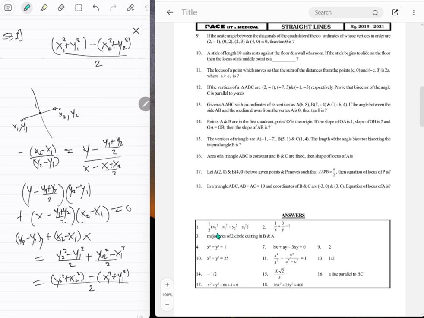Wait, why is this x2 squared minus x1 squared with it? Something's wrong. What went wrong? Well, I just flipped, right? So it should be x1 squared minus x2, but it's not like that. Well, this definitely is correct. This is also correct. And this is the correct slope as well, because y2 minus y1 upon x2 minus x1 is the actual slope.